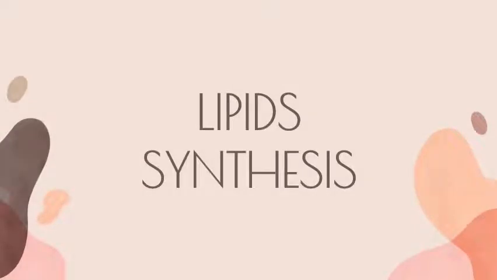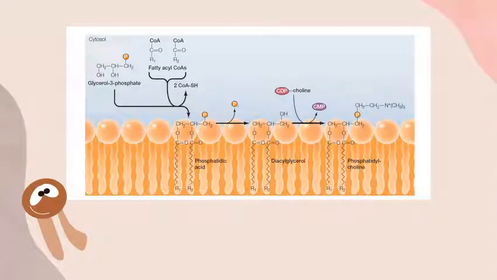Lipid synthesis. As we said, lipid synthesis occurs within the smooth endoplasmic reticulum. There are three main types of lipids within the cell: phospholipids, glycolipids, and cholesterol. They are synthesized on the cytosolic side of the ER from water-soluble cytosolic precursors.